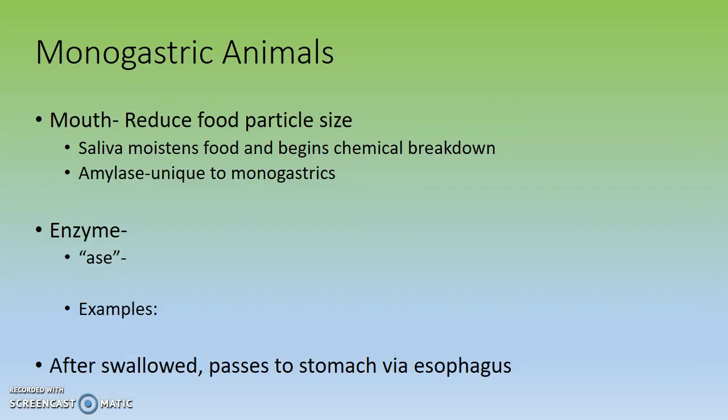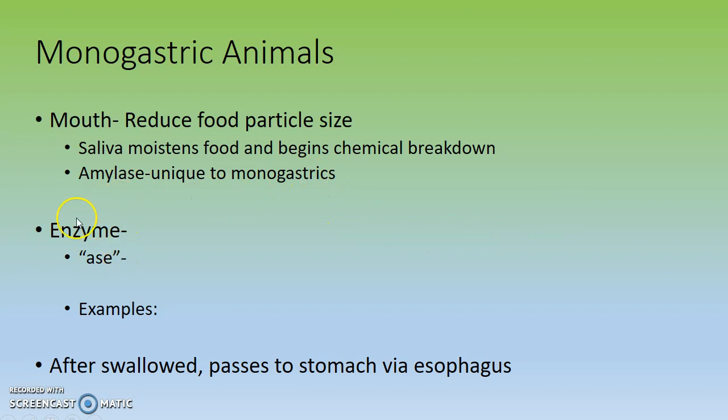Okay. So monogastric animals, obviously the first organ that food or feed comes to is going to be the mouth. Primarily the mouth's role is going to be to reduce the food particle size. The saliva moistens the food and begins the chemical breakdown. Then we have this thing called amylase.